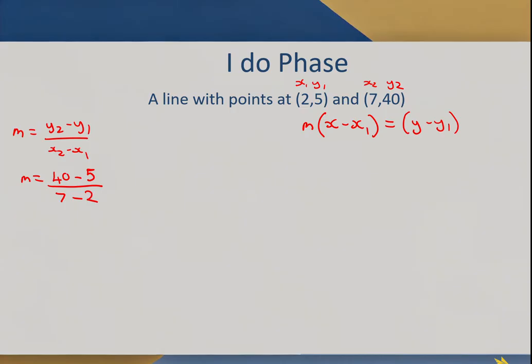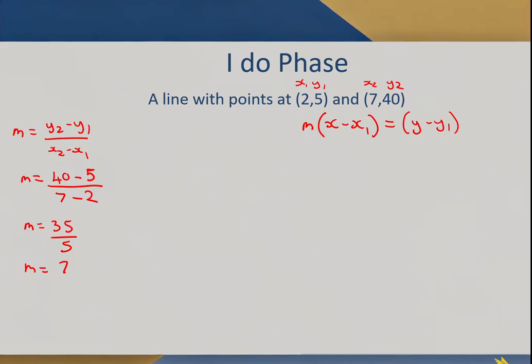I'll finish this off. 40 take away 5 is 35. 7 take away 2 is 5. m is equal to 35 divided by 5, which equals 7.